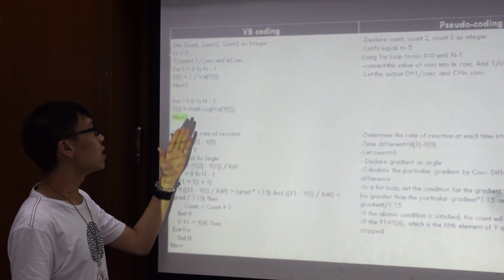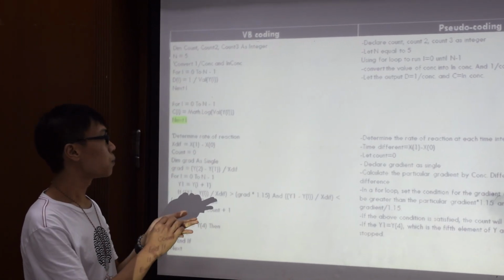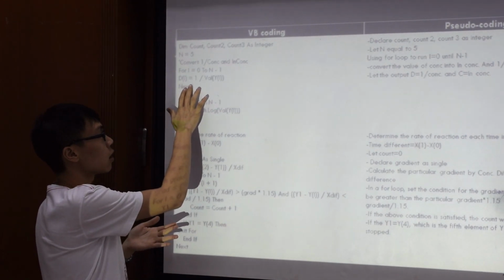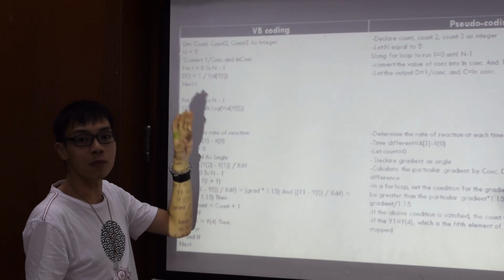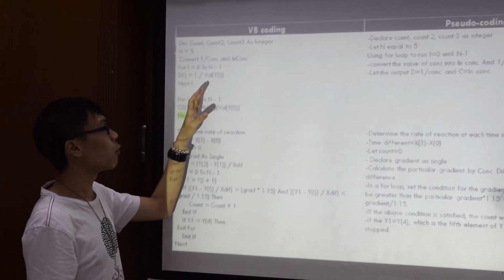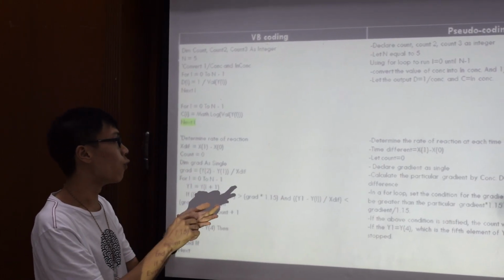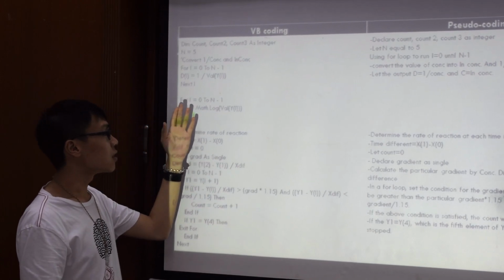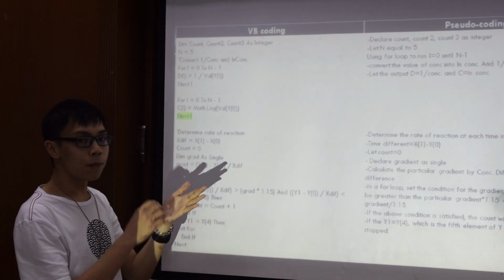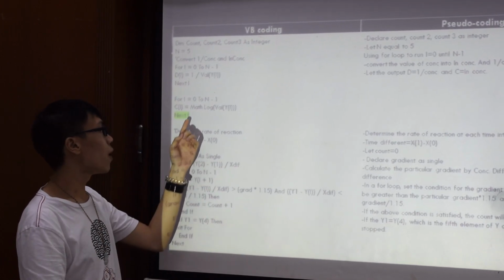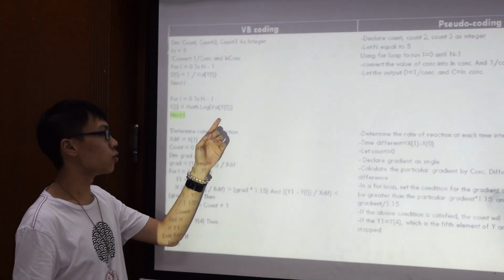Basically, this is the formula: for 1 over concentration, we just take 1 divided by the input value in the concentration part. For the second part, the ln concentration, we apply the function Math.Log to the input value of the concentration.